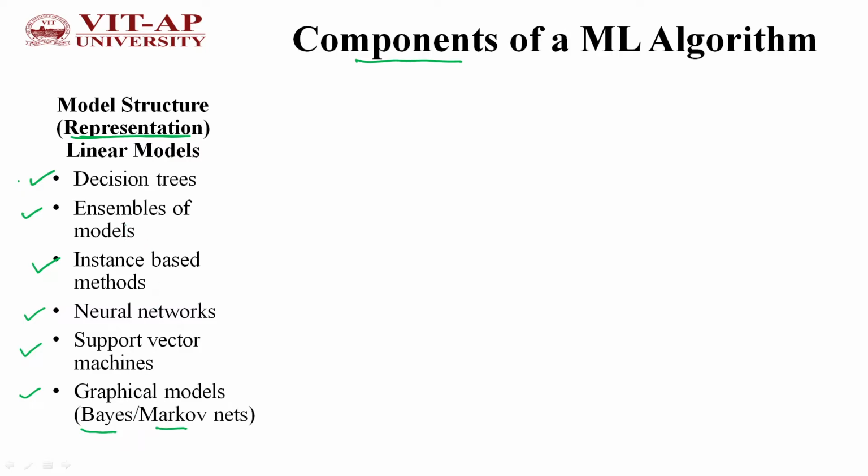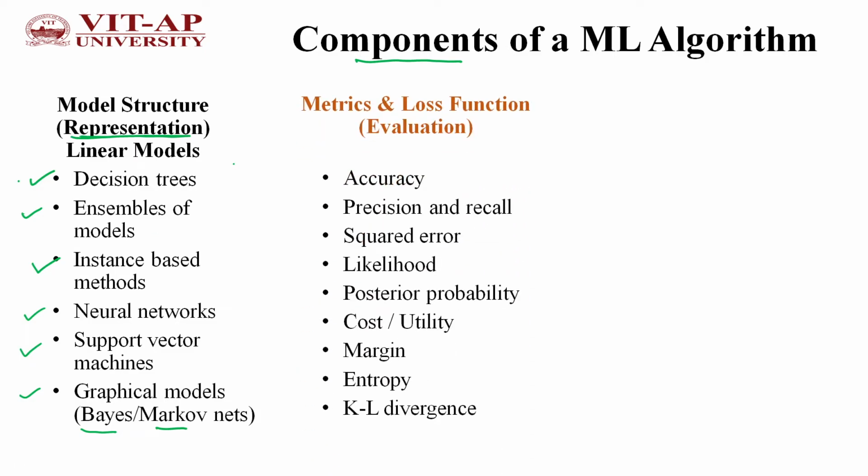So the model can be represented in any one form of these structures, and each machine learning algorithm will be evaluated by using the metrics. The metrics here, for classification algorithm, we will use accuracy and precision and recall.